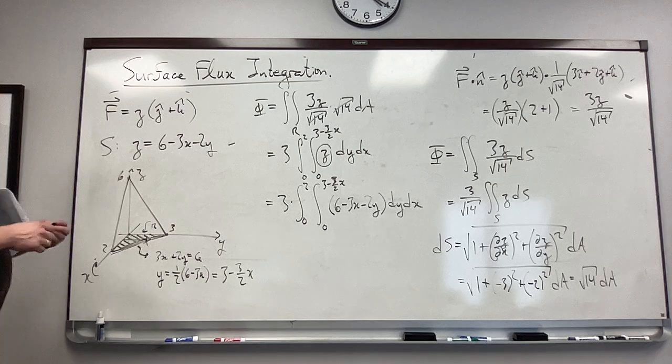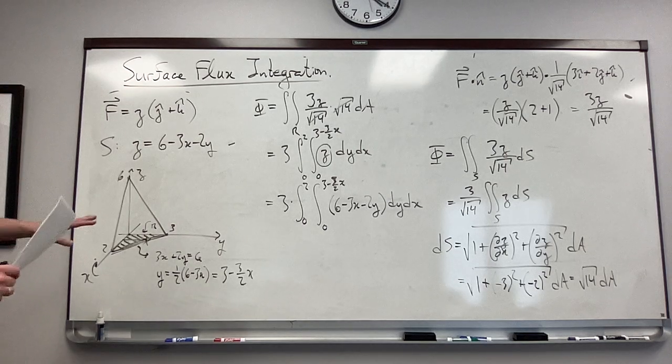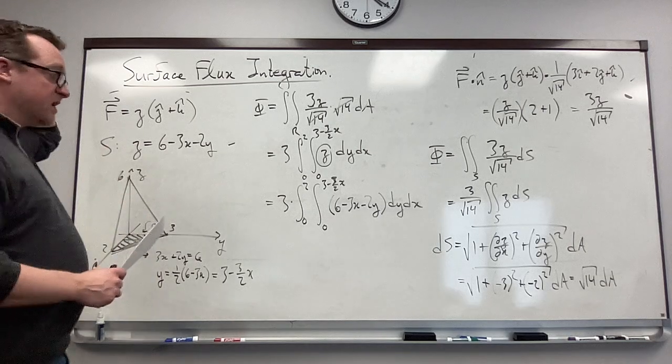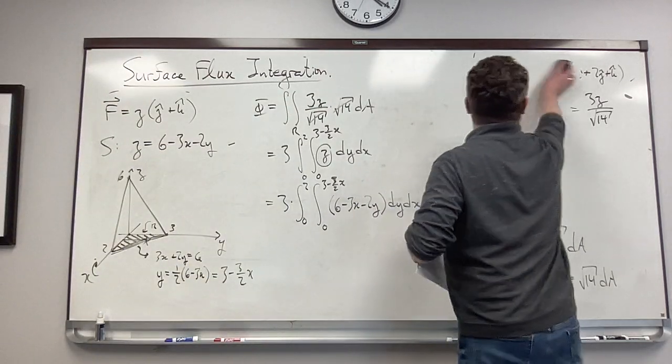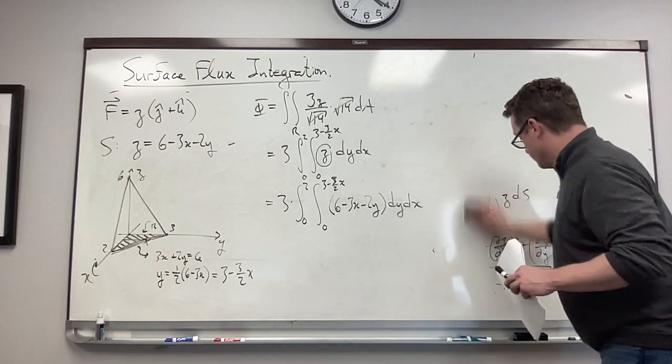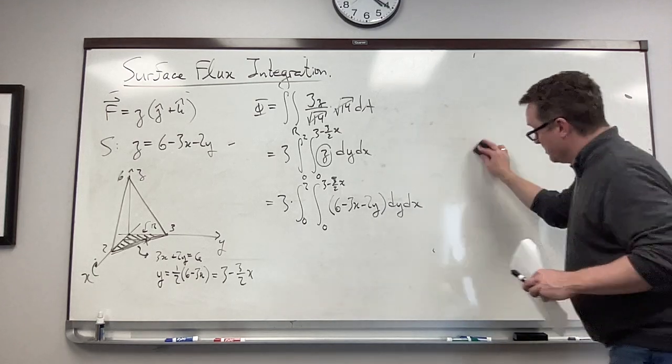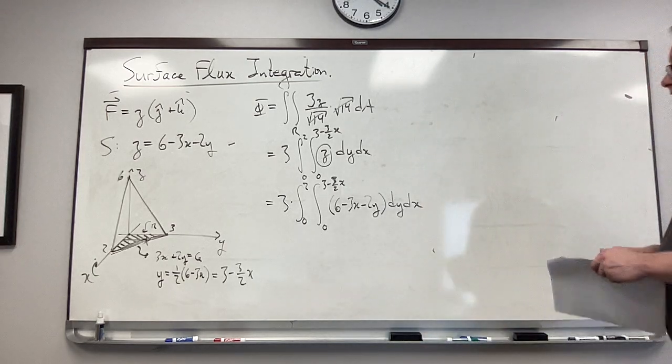Because when we're integrating on the surface, the value of z is given by that surface. Okay, so now it's easy. Now we're just doing it. We'll do this kind of quickly.